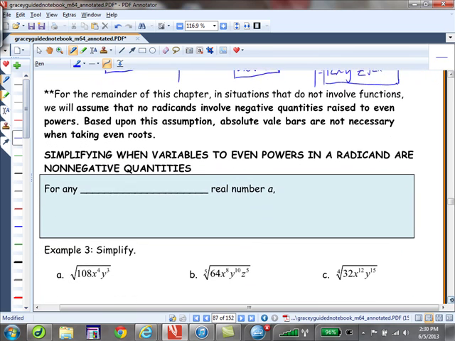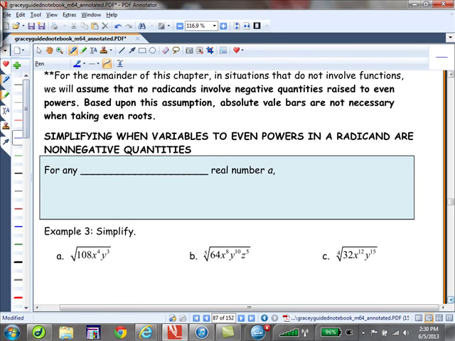So for the remainder of the chapter, in situations that don't involve functions, we're going to assume that no radicands involve negative quantities raised to even powers. So based on this assumption, absolute value bars are not necessary when taking even roots.